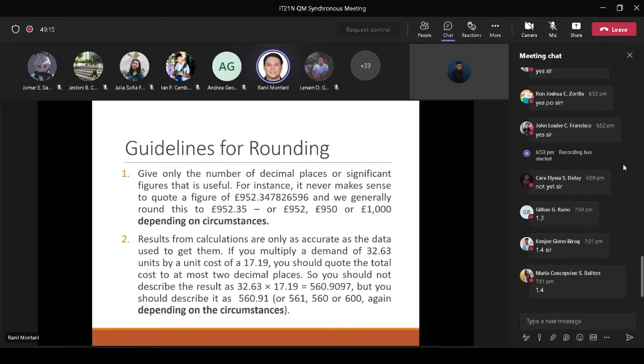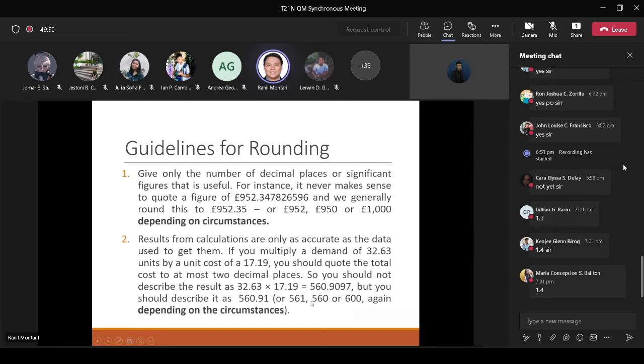It should be mentioned. And if we are going to apply multiplication, as we know, in the rules of multiplication, if you have a two decimal place multiplied by a two decimal place, the result will become four decimal places.